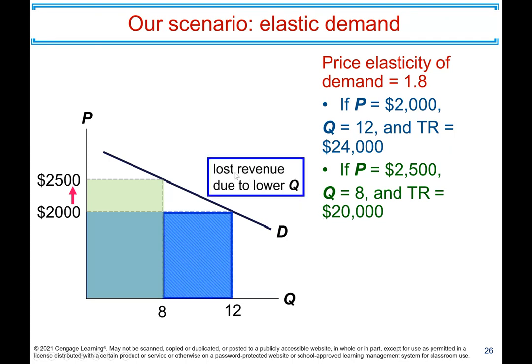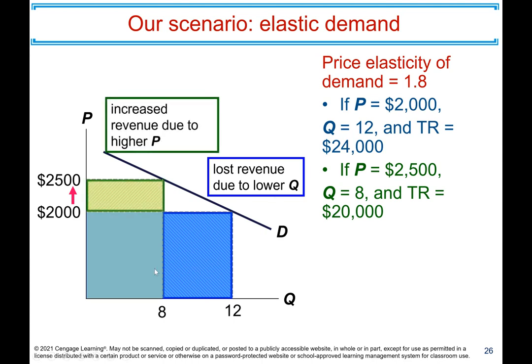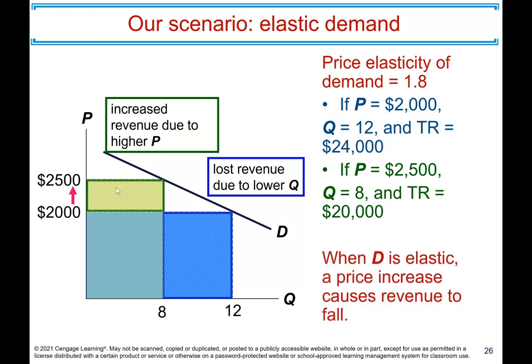You have lost revenue in this blue rectangle here. The green area is increased revenue due to higher price. When demand is elastic, a price increase causes revenue to fall.